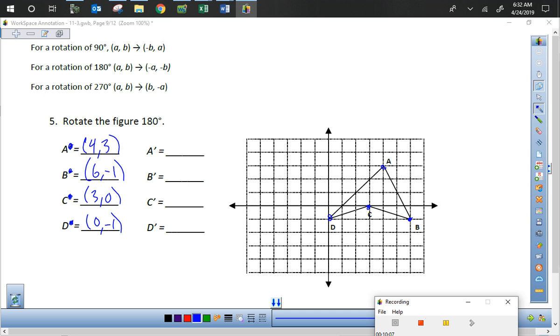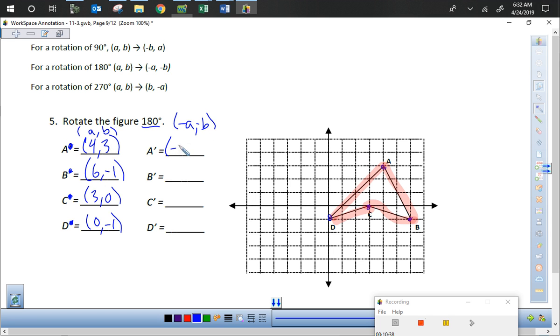The next thing we're going to do, remember, is highlight this shape, and then we can talk about the image or the prime notation here. These originals are A, B, and our new ones, according to 180 degrees, our rule, is just the opposite of those things. Okay, so keeping the order but switching the signs.